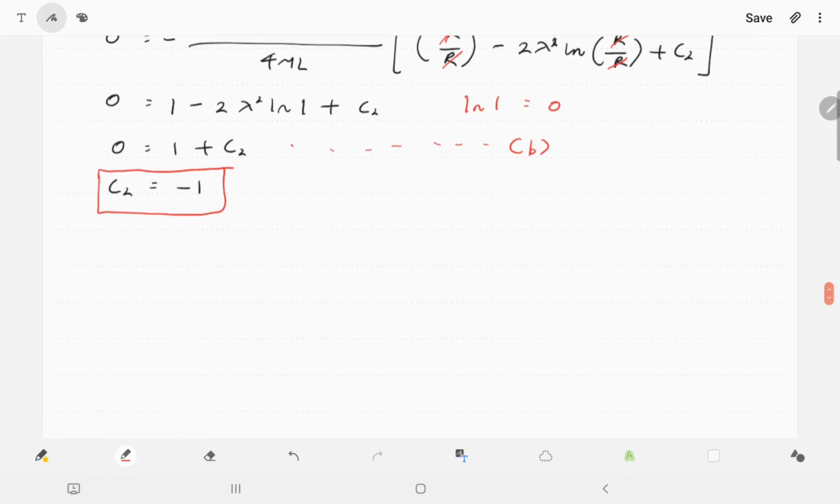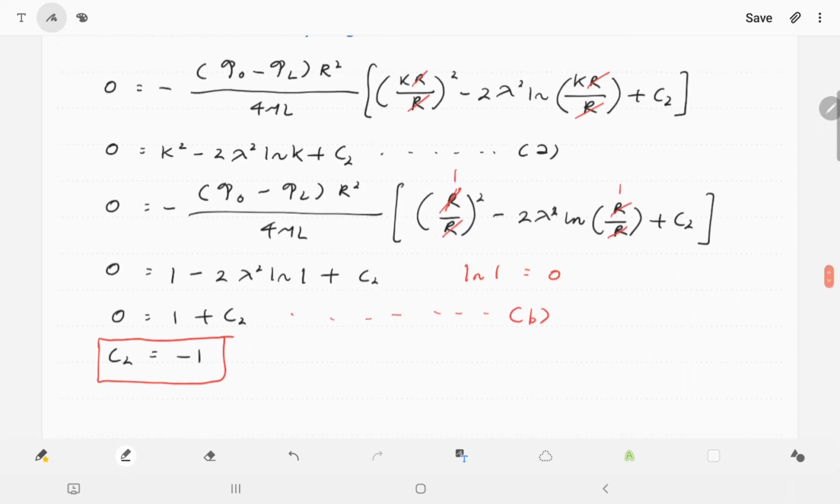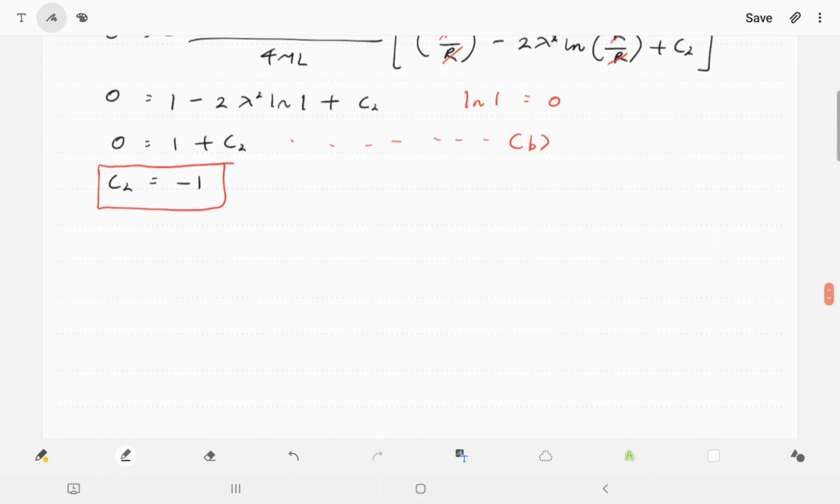So once we know C2 is equal to minus 1, we can carry on with equation A and substitute the value of C2: k square minus 2 lambda square ln k minus 1.